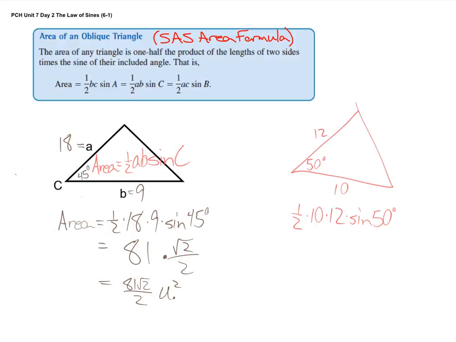Here, we're told the angle is 50 degrees, or in this case, the angle is 45 degrees. So there's no other possibility. If we were given side-side-angle and solving for an angle, then yeah, we might have two possibilities. Any other questions?